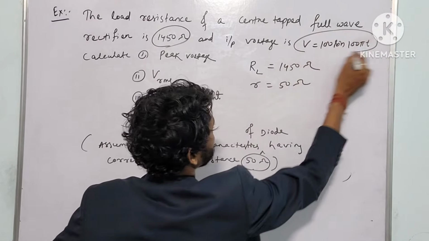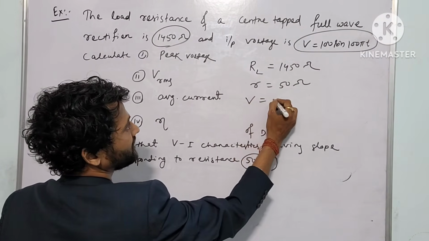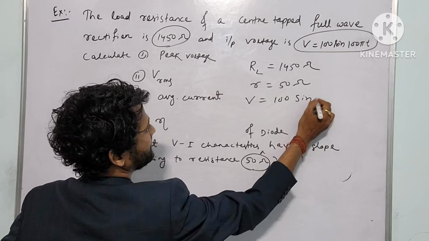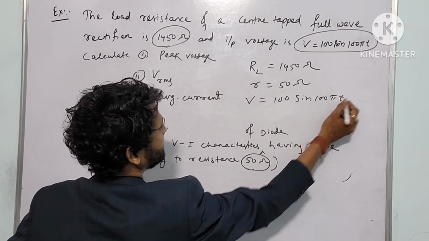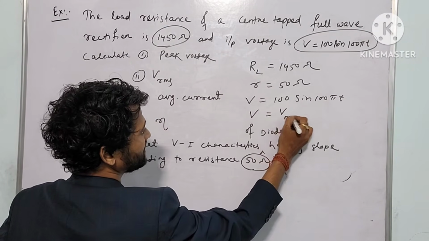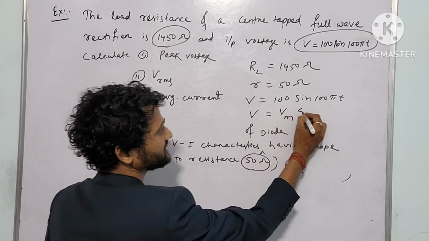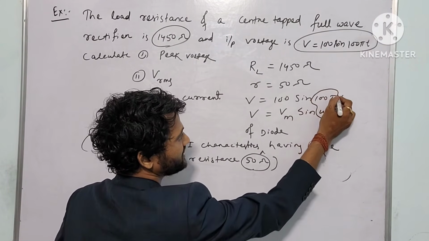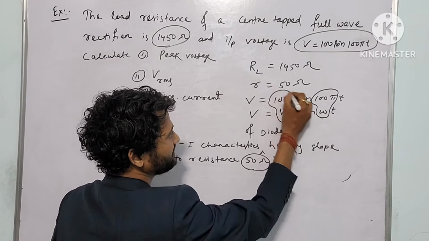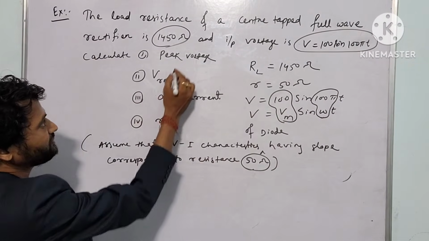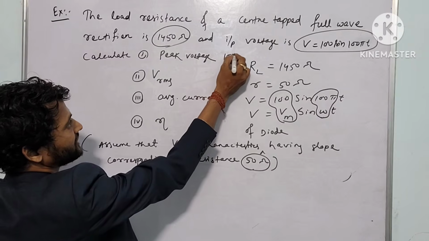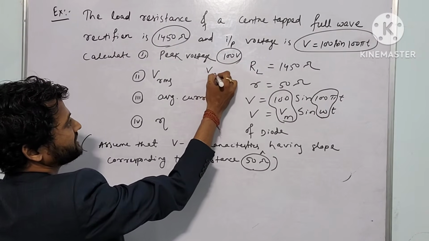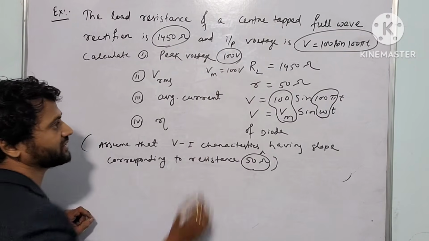And input voltage is given in terms of equation V is equal to 100 sine 100 pi t. So as you know, the instantaneous equation of alternating voltage is Vm sine omega t, right? So here omega is 100 pi and Vm is 100. So here peak voltage is coming 100 volt, that means Vm is coming 100 volt. It is clear?